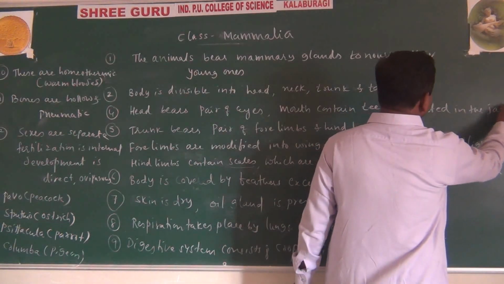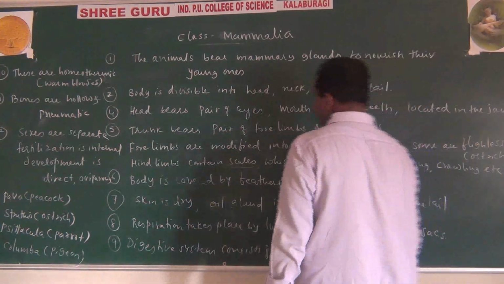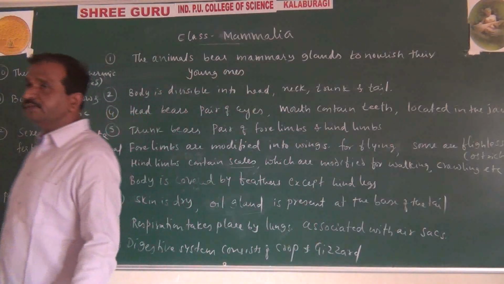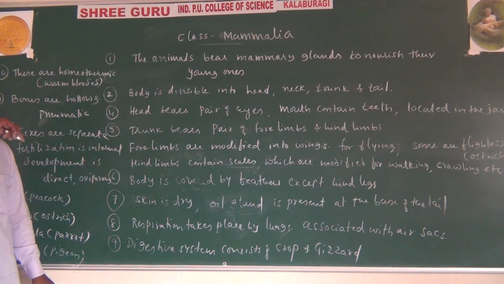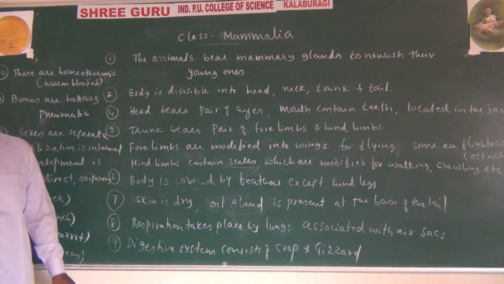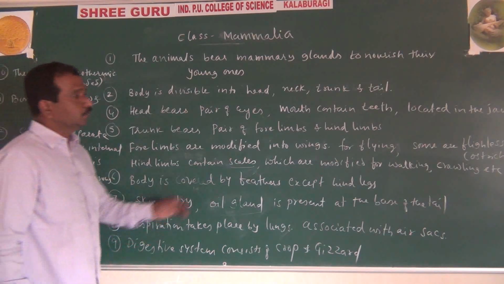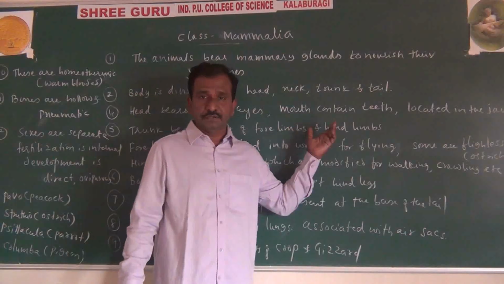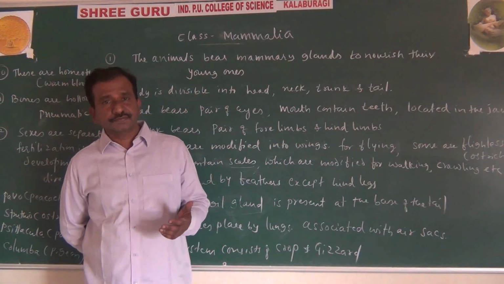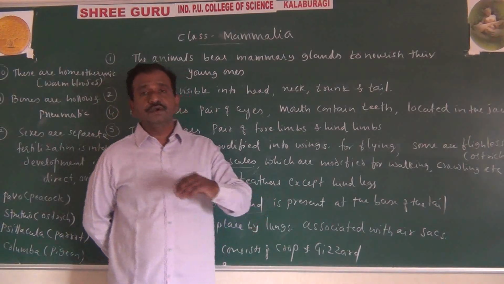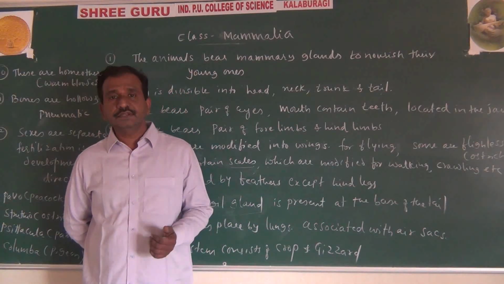Now, different kinds of teeth are found. Later we are going to study this in the digestive system. You may have studied this in the earlier class. We call them heterodont teeth. Heterodont means different kinds of teeth are found: incisors, canines, premolars, molars.